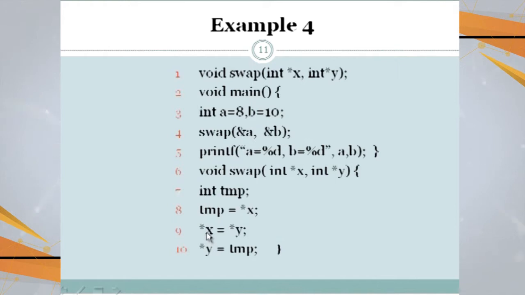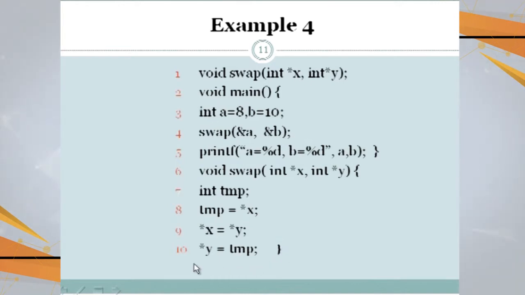Then *x equals *y. Now the value of x will become the value of y, that is y is pointing to b. That's why *x will become 10, and then *y is initialized to the value temp, and the value of temp is 8. So *y, that is b, will be changed to 8.